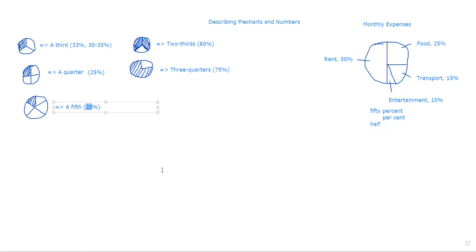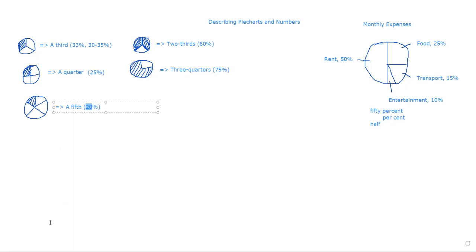There should be an S after the word fifth, because it's plural. যেহেতু 20% হচ্ছে 5 ভাগের 1 ভাগ, 80% হলো তার 4 গুণ. That means 80% is 4/5. 5 ভাগের 4 ভাগ.